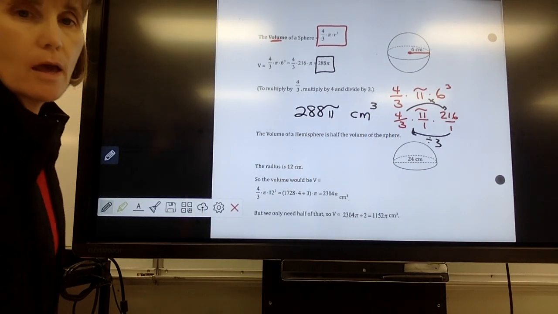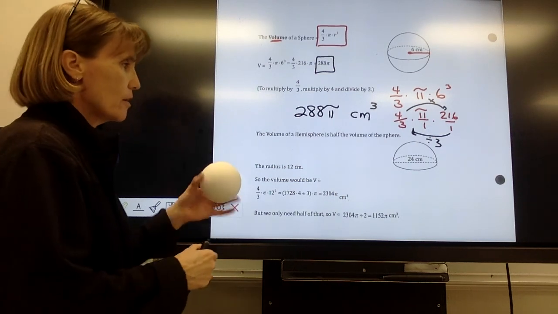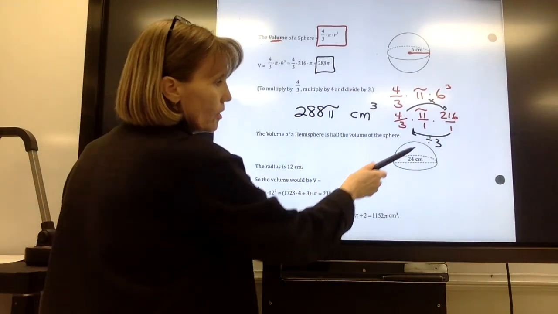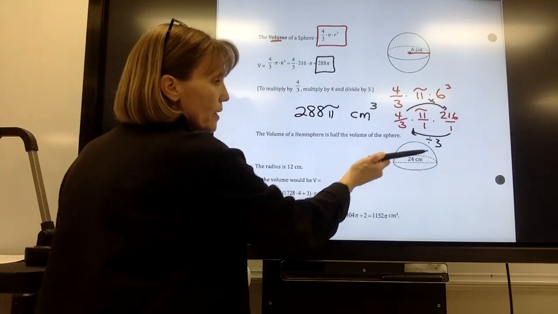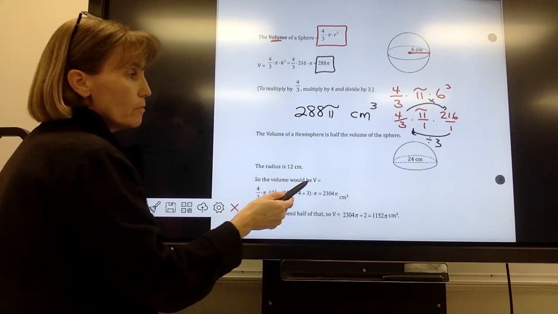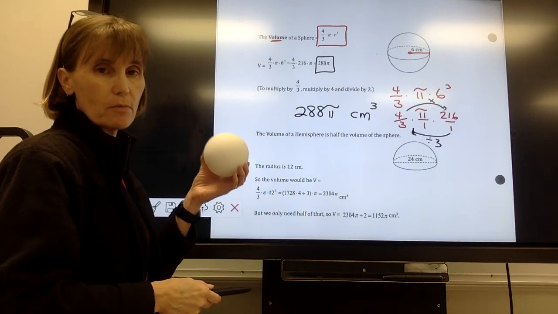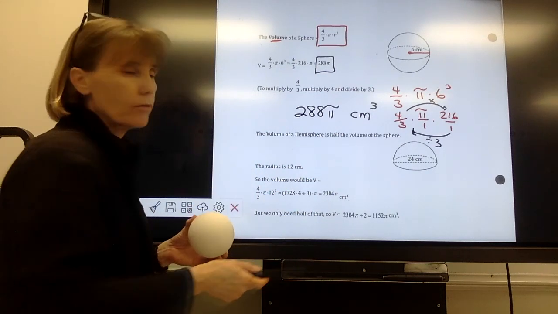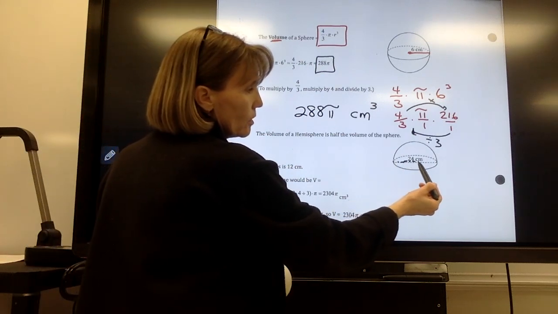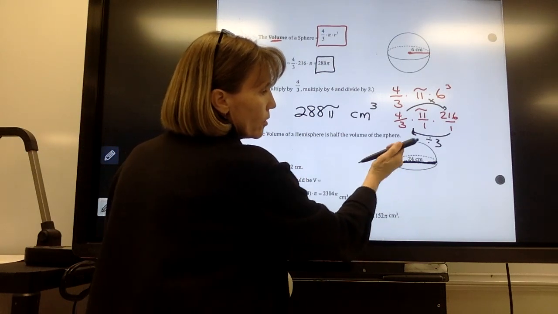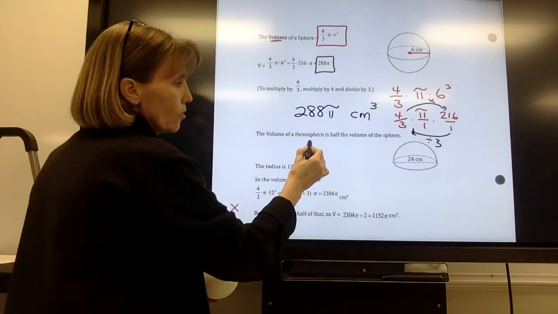Okay? And then the last one, it says the volume of the hemisphere. This is a little bit easier than doing the surface area of the hemisphere because you don't have to worry about the base of it. To do the volume, you just take your volume of the whole sphere and you cut it in half if you only have half the sphere. But again, be careful because right now they've given you the diameter, all the way across, but that's not what we need in our formula.